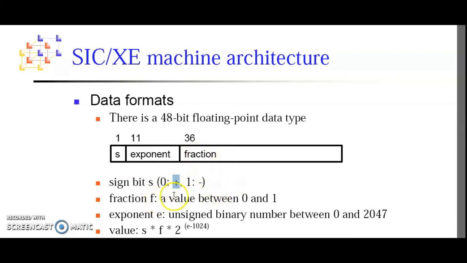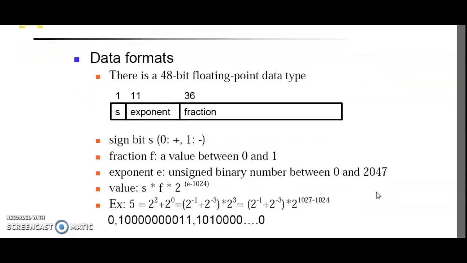The fraction F takes a value between 0 and 1, and the exponent E is an unsigned binary number between 0 and 2047. The magnitude value can be computed as S into F into 2 raised to E minus 1024. This is the maximum magnitude value of the value stored in the register.